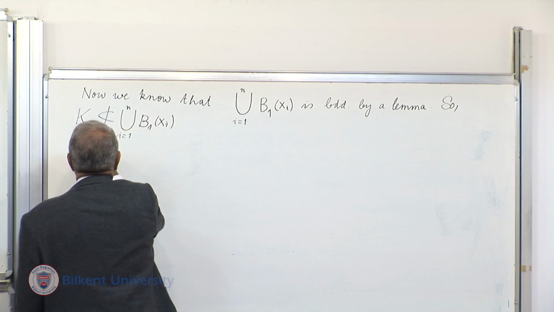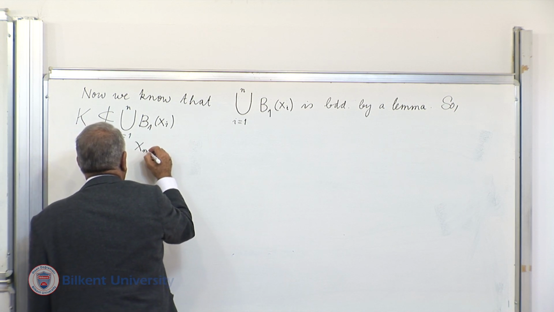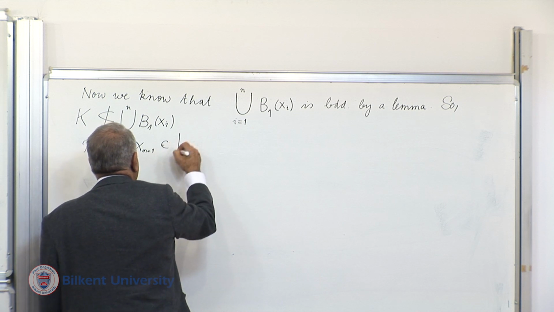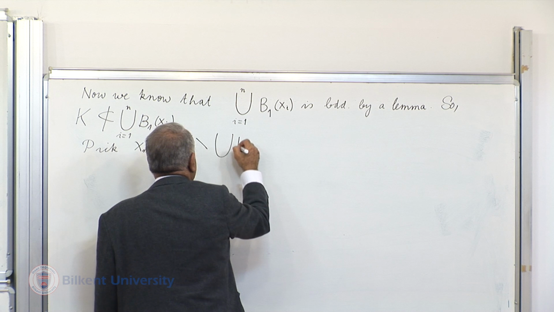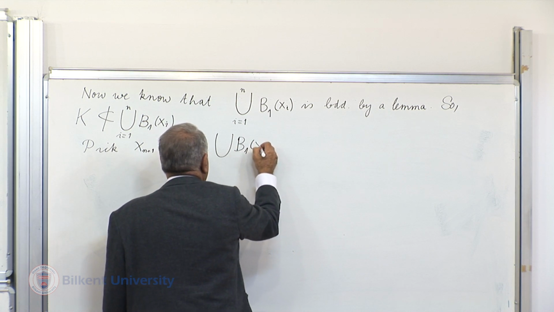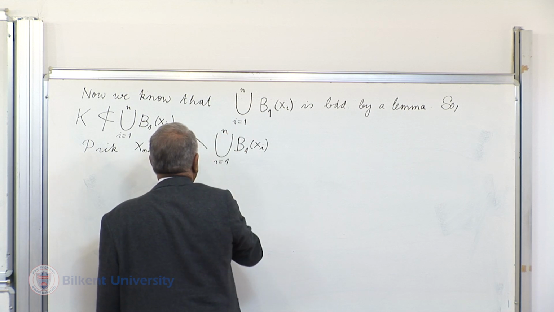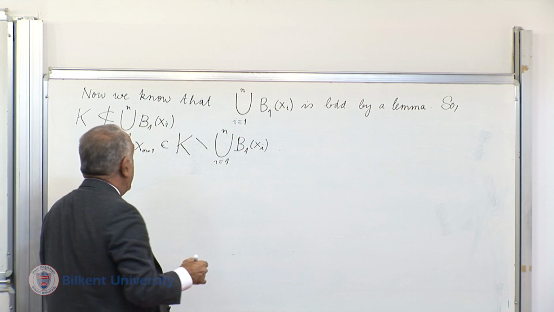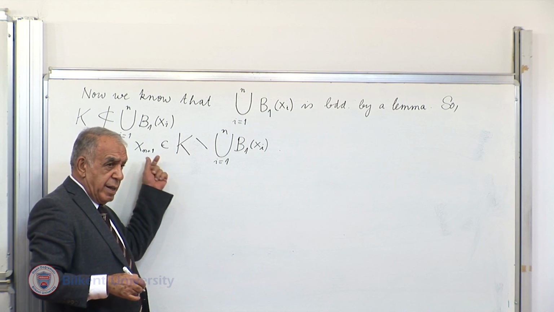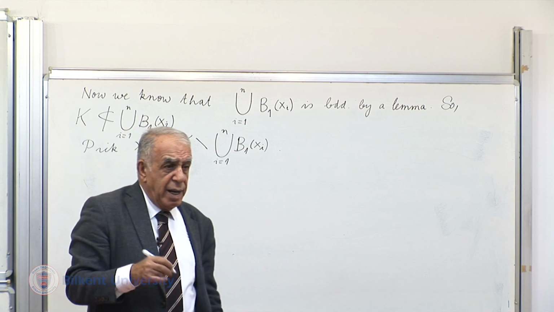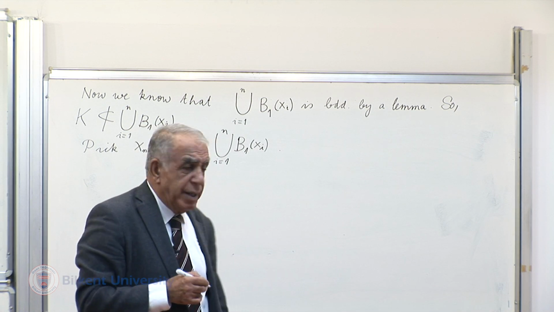So pick xn plus 1 in K such that it is not in this union. But then, the distance of xn plus 1 from each xi, when i runs from 1 to n, will be larger than or equal to 1.